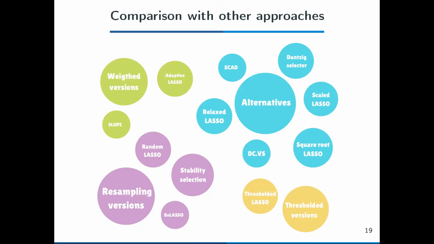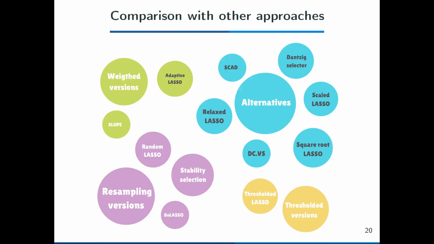So we have considered different options such as weighted versions, resampling versions, or threshold versions, apart from alternatives or modifications of the Lasso. In practice, we have tested only with the highlighted algorithms. This is because we have found out that the resampling versions have a high computational cost in practice.